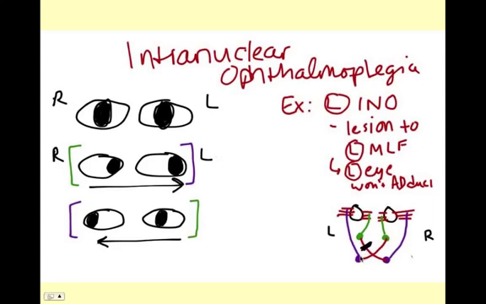Well, first off, let's remember our pathway here. We have our abducens nuclei, and then we have our MLF, our right one here, and our left one here. We're going to say that our left MLF has the lesion. Remember that the MLF goes from abducens to oculomotor.